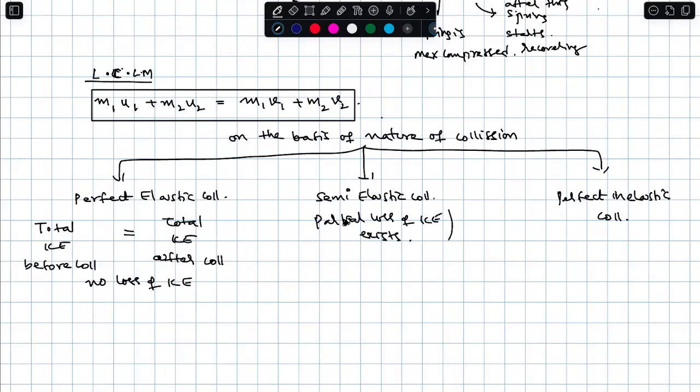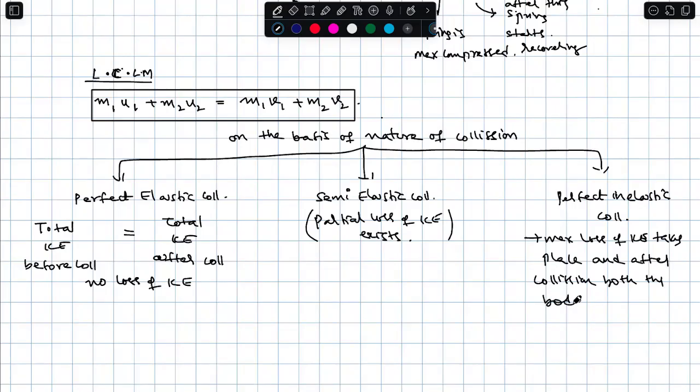And in this, maximum loss of KE takes place. And after collision, both the bodies move together.